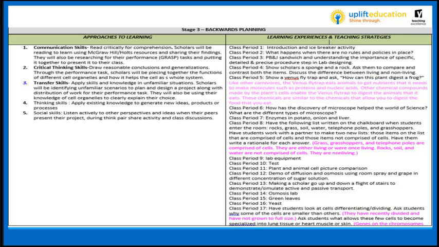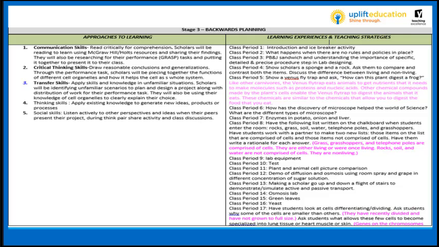GRASP task. Communication skills would be when they are reading and comprehending the content in the classroom. They could also be presenting their work or when they are working together as a team. Critical thinking would be to draw reasonable conclusions and generalizations during class tasks or during performance tasks.